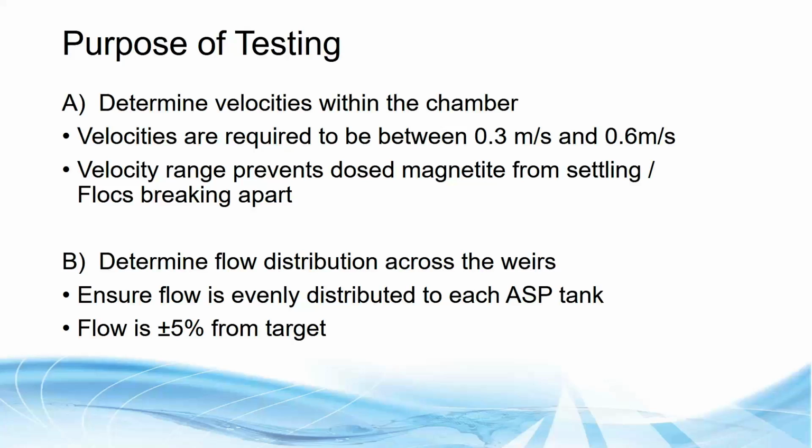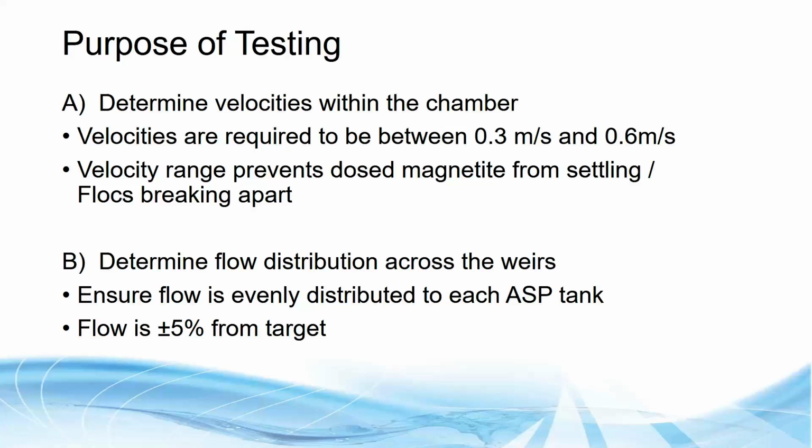So they found that the industry standard for flocks which will be within water dosed with magnetite has to be within 0.3 and 0.6 meters per second. If it drops below, the flocks will drop out of the water within the chamber. If they're above, these flocks will break up.